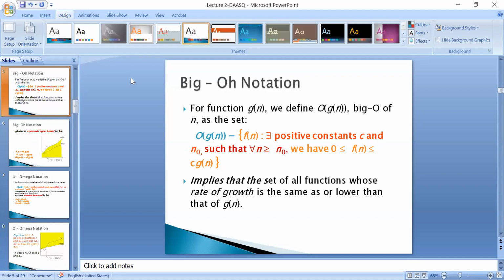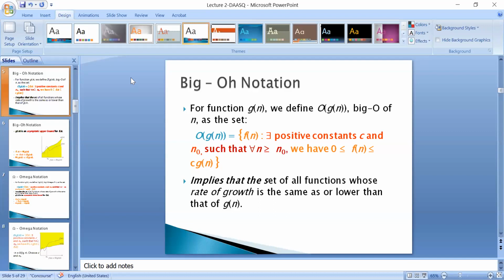So the set definition is O of g(n) is equal to f(n) such that there exist positive constants c and n0 such that for all n greater than n0, which I showed you in the graph last time, we have this equation true: 0 less than or equal to f(n) less than or equal to c g(n).